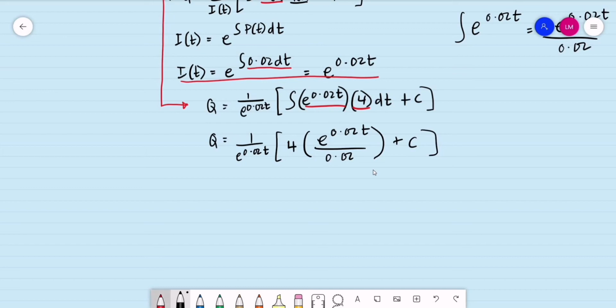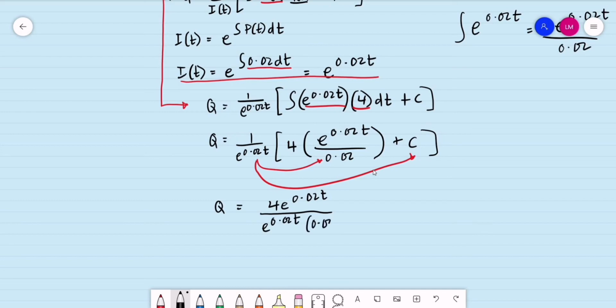Then we now distribute this to both terms. We have Q is now equal to 4e raised to 0.02t, to be divided by e raised to 0.02t multiplied by 0.02, plus c, divided by e raised to 0.02t.